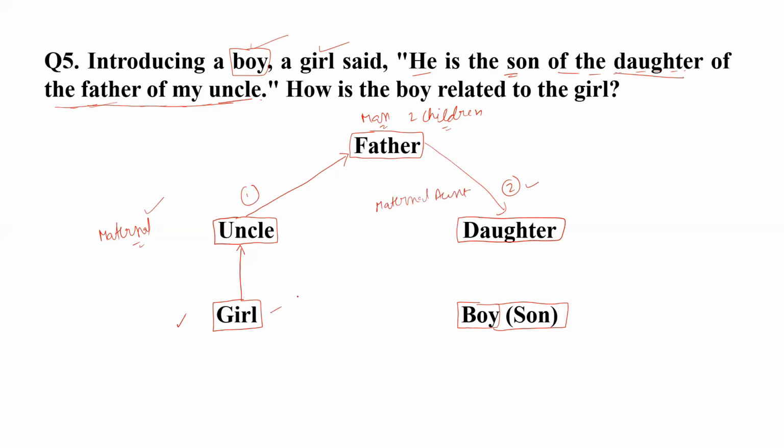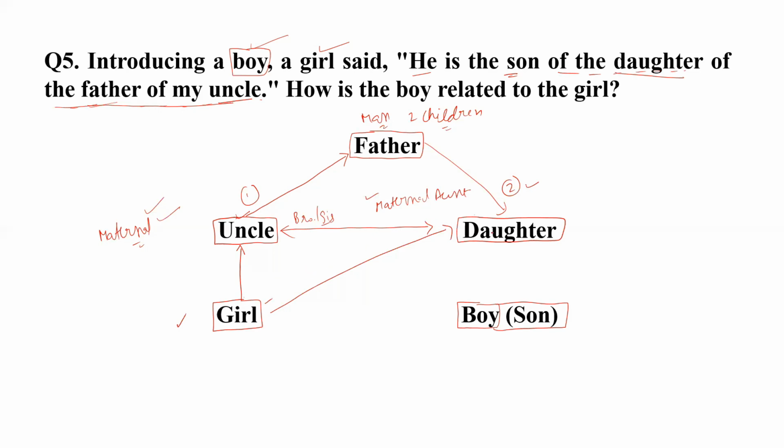How did we conclude? Because these two parties, that uncle and that daughter of the father of the uncle, may be having the relationship of siblings. That means the brother and sister relationship. This is why if this man is the maternal uncle of that girl, ultimately we can say that this lady should be the maternal aunt of the girl, and this is very obvious.